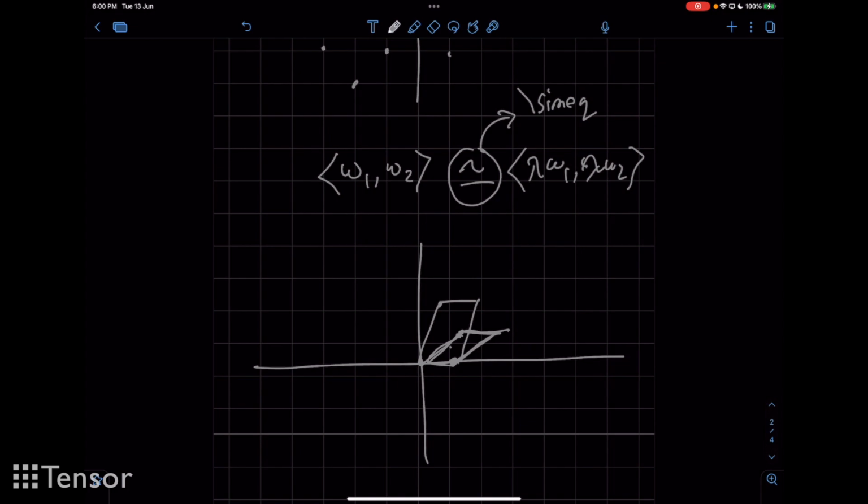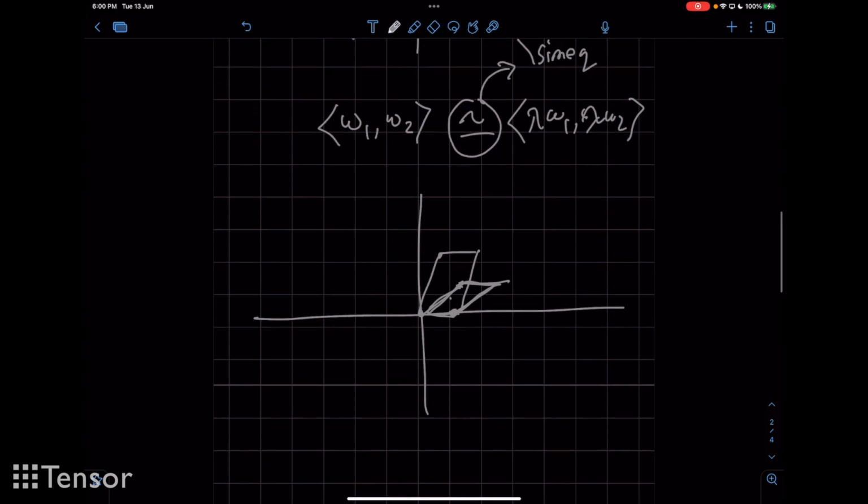So we are calling two lattices homothetic if we multiply all the points of one lattice by a non-zero complex number, and we get the other lattice. Then we shall call the two lattices homothetic. Okay, and when two lattices are homothetic, we shall denote it like this.